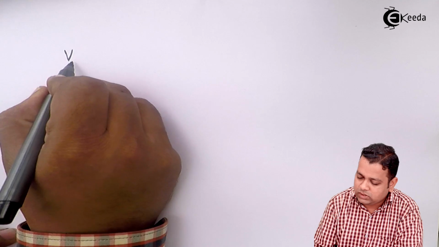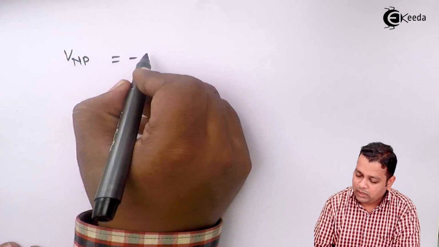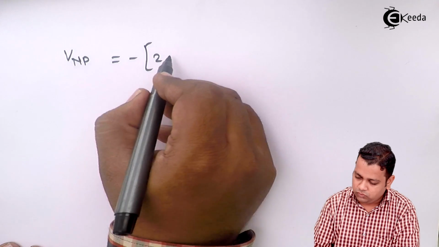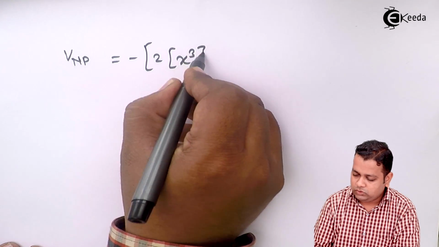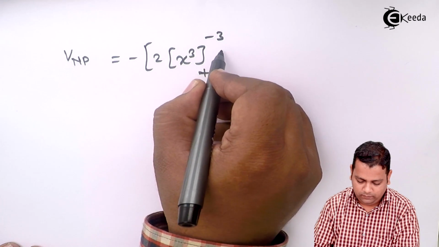Hence we shall be writing V suffix NP, the potential difference, is equal to minus in bracket 2 x cube with the limits 1 to minus 3.